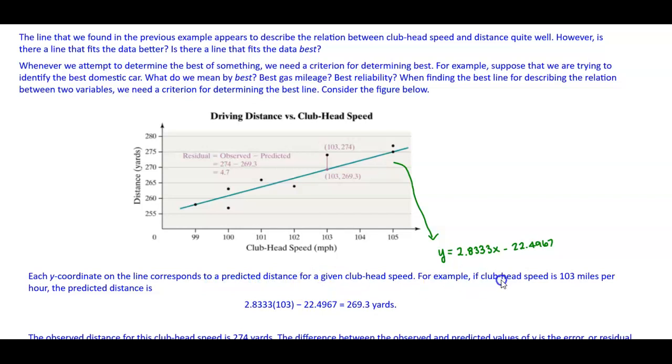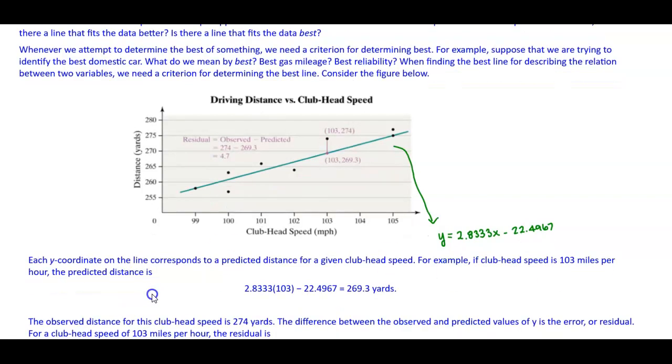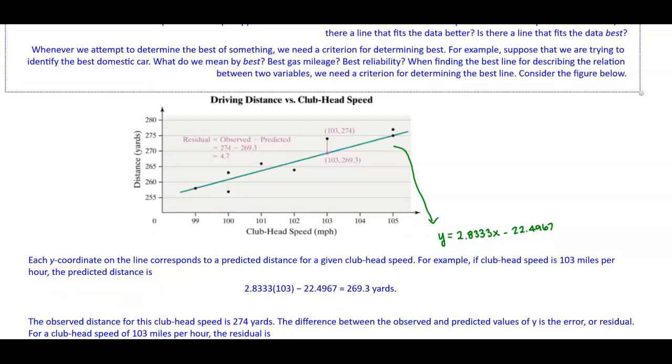So, for example, if a club head speed is 103 miles per hour, then the predicted distance is going to be the following. We would let x equal 103.